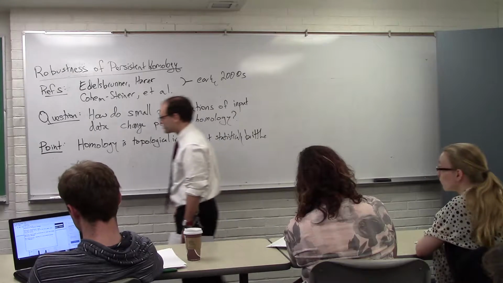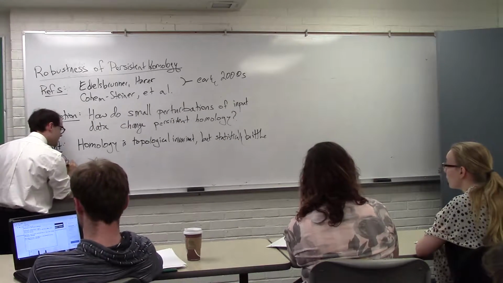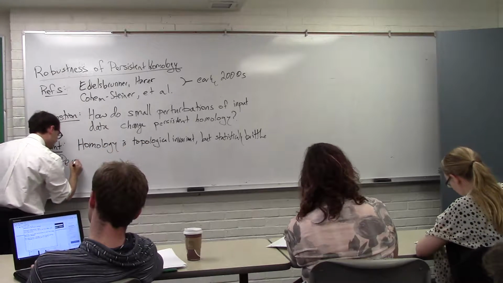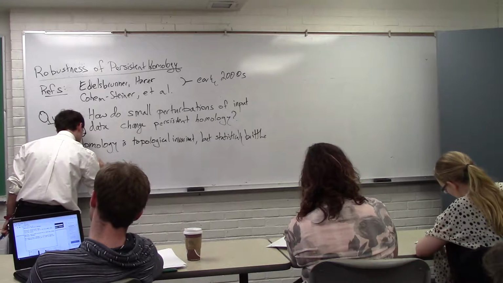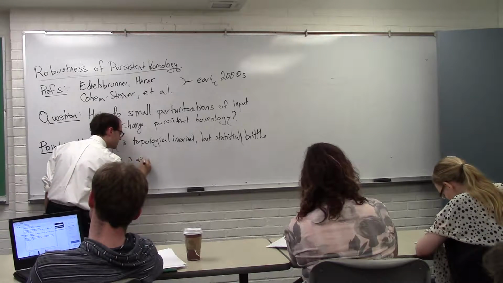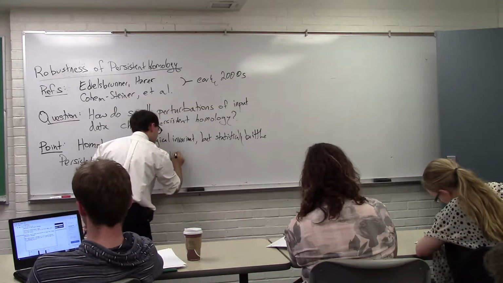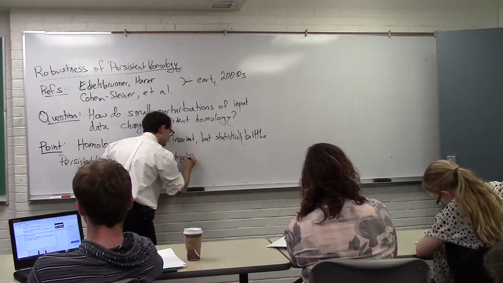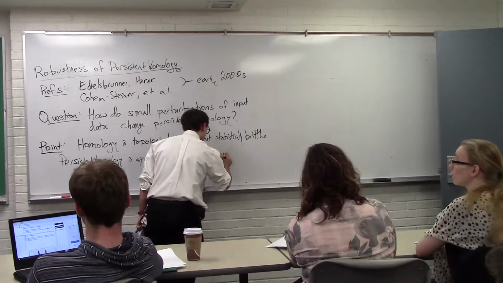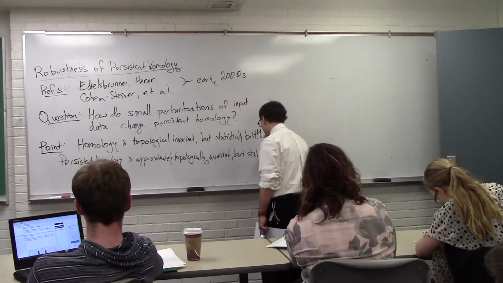It's easy to break plain old homology. Persistent homology fixes the latter, but gives up on the former a bit. It's approximately topological, but statistically robust.